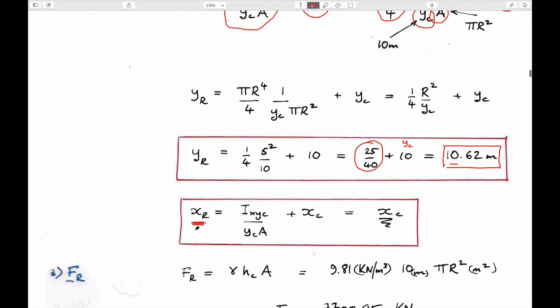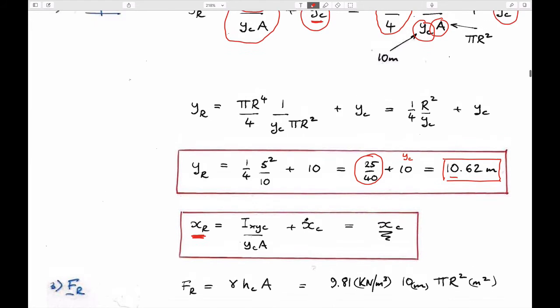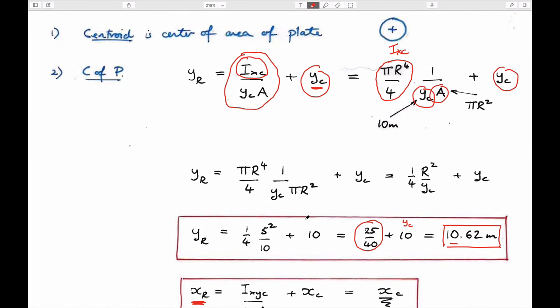This is the x-coordinate where the fluid pressure acts, and it's equal to the second moment of area about xy divided by the slope distance of the centroid of the plate, the area of the plate, and the location of the centroid. The location of the centroid of the plate is exactly the same as this thing here.